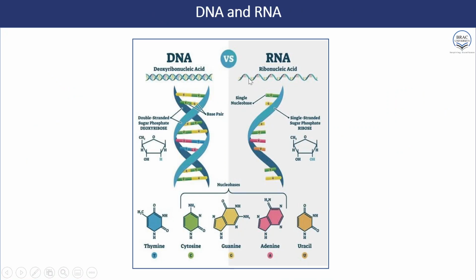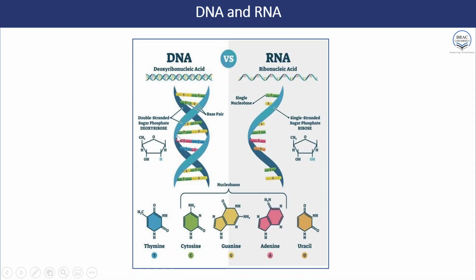So the main structural differences between DNA and RNA we know are these. The first structural difference is that DNA is double stranded and RNA is single stranded. Another structural difference is the sugar structure.